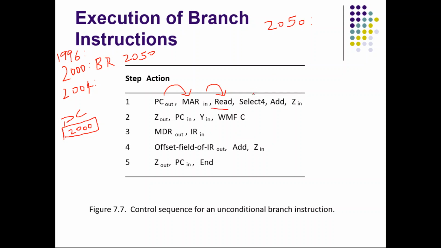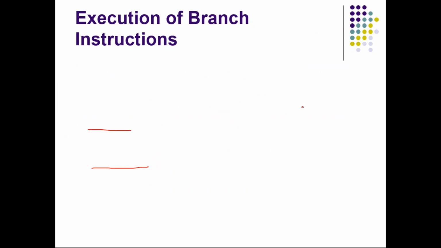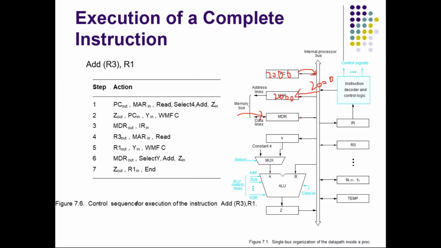Meanwhile, PC can be incremented. So what we are doing: select 4, add, Z in. Select 4 is selected here, so through A you will get 4. In the internal bus, what is already available is 2000, so this 2000 will be available through the B input.